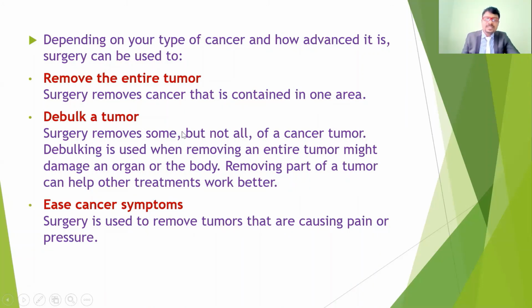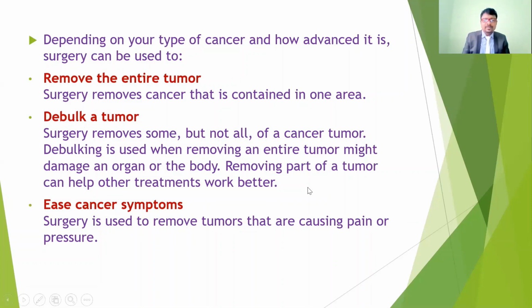In this, the surgery removes some but not all of the cancer tumor, so only part of the organ is removed. Debulking is used when removing the entire tumor might damage an organ or the body. If you remove the whole affected part, it may affect the surrounding structures or organs. In those conditions, we should not remove the whole involved structure. That type of surgical procedure is called debulking.